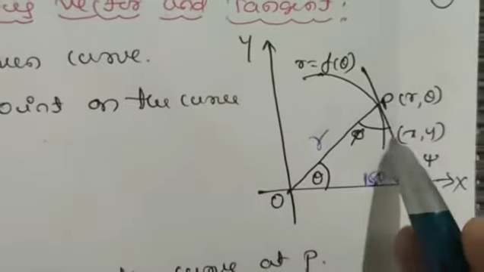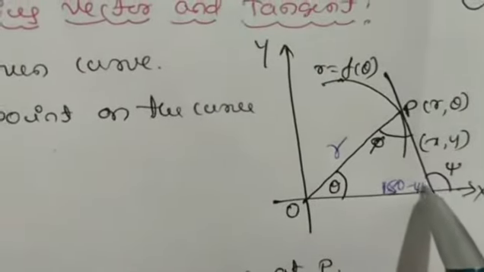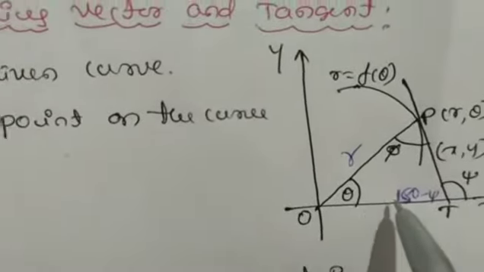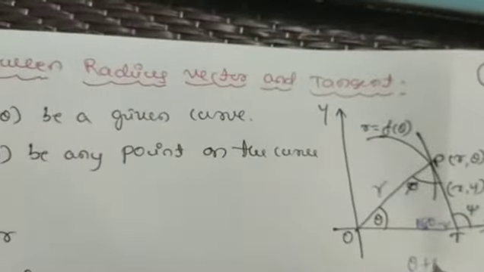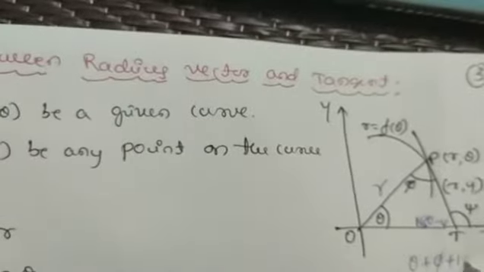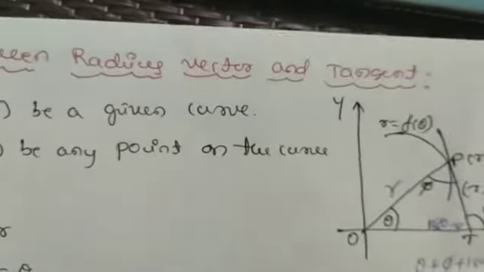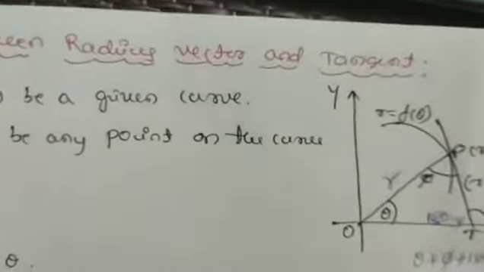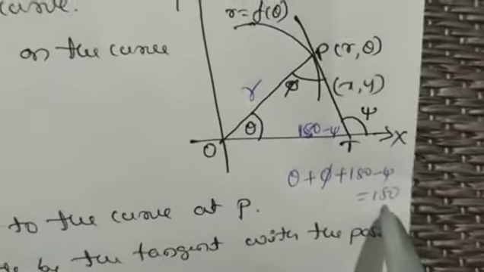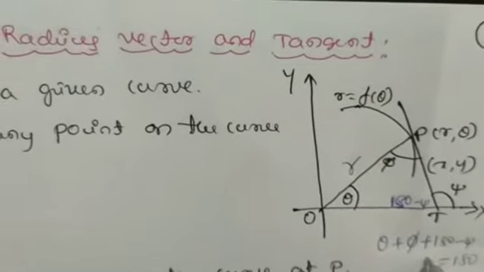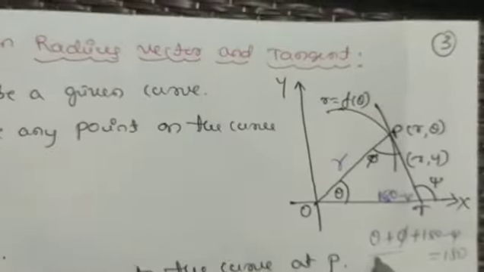And we know this is a triangle. In a triangle, the sum of the angles is again 180. That is theta plus phi plus 180 minus xi is equal to 180. And here we want only theta plus phi, no?